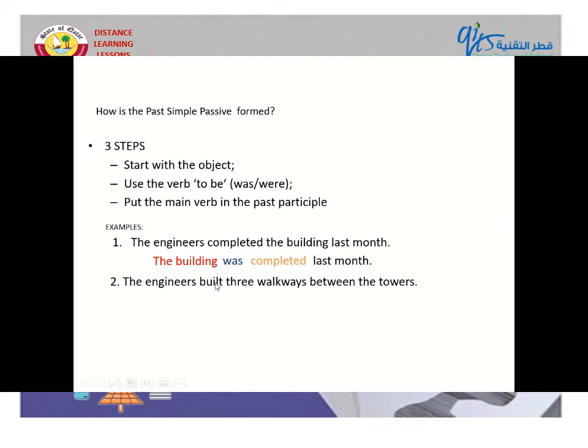Let's take another example. The engineers built 3 walkways between the towers. Step 1, start with the object. Our object is 3 walkways. Good. Now, step 2, use the verb to be, was or were. Now, our subject is 3 walkways. Is it singular or plural? It is plural, so we're going to have were.